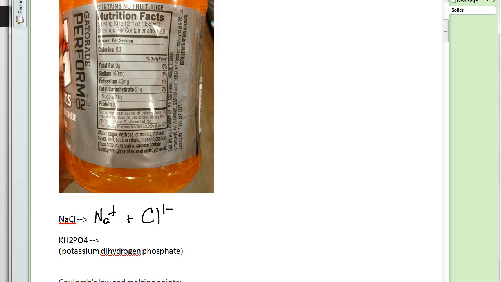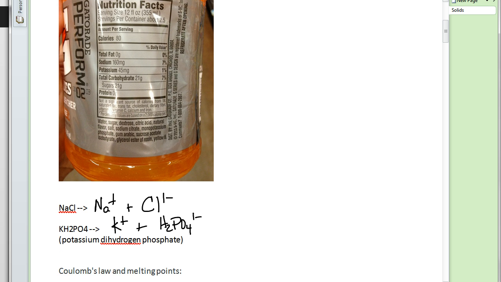So you're basically drinking salty, sugary water with a little bit of added flavor. For potassium dihydrogen phosphate, you've got the potassium ion and the dihydrogen phosphate ion, H2PO4 1-. Those are the ions floating around in Gatorade as well. They start off as solid.